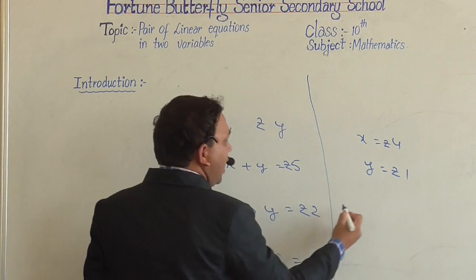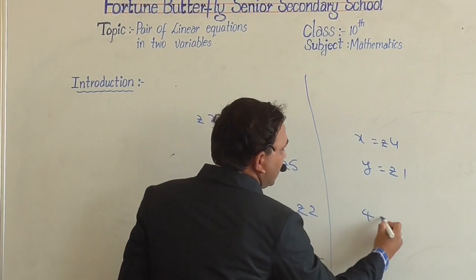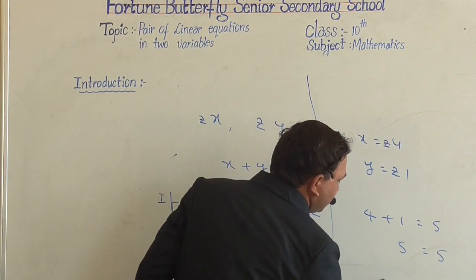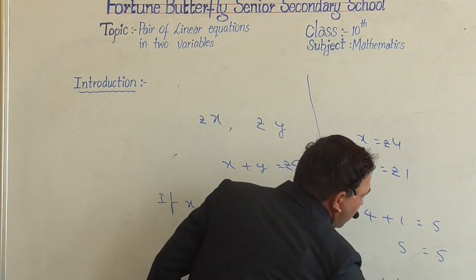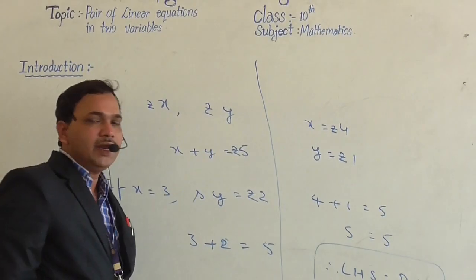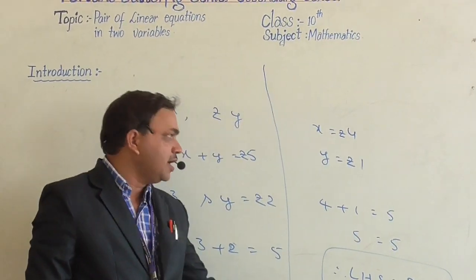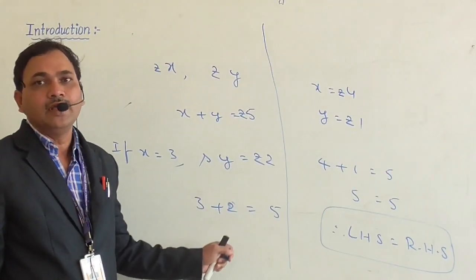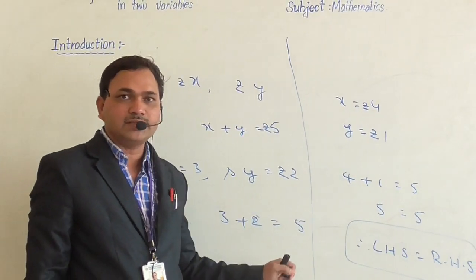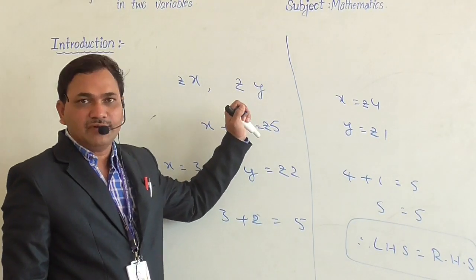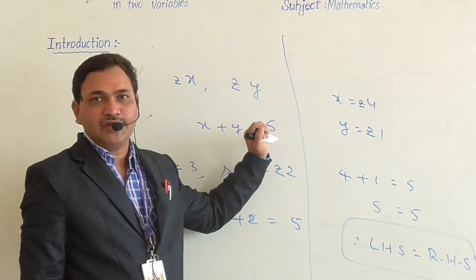Adding, 4 plus 1 is equal to 5. So 5 is equal to 5, therefore LHS equals RHS. What do you understand here? Whichever values, after substitution, make LHS equal to RHS, satisfy the given linear equation.